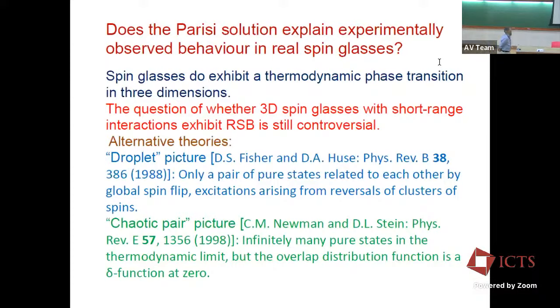He said that people are trying to do this numerically, but there are problems with very, very long time scales and equilibration and this and that. So I think it is fair to say that till now, there is no very clear evidence that says that either this picture is right or the other picture is right.